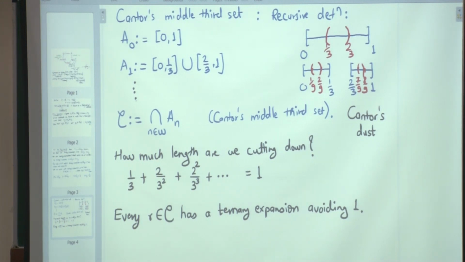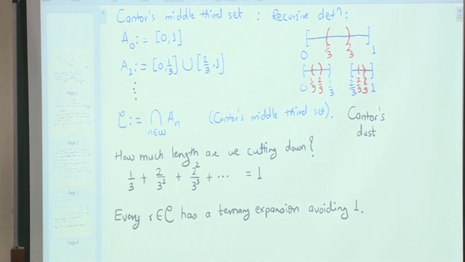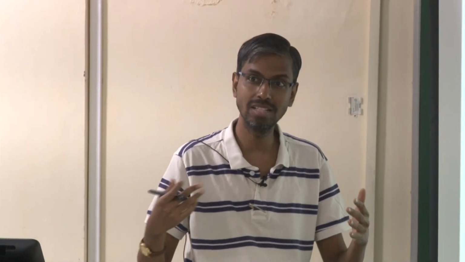It will contain 0, no matter which open middle third you cut out. 1 will continue to be there, 1/3 will be there, 2/3 will be there, 2/9, 1/9. All of those points will continue to be there. There won't be any interval, there will be discrete points. That's why I am calling it a dust. Once you learn measure theory, you will see that this is a measure 0 set.